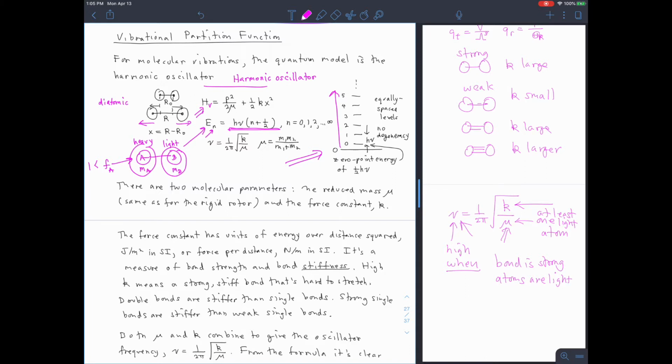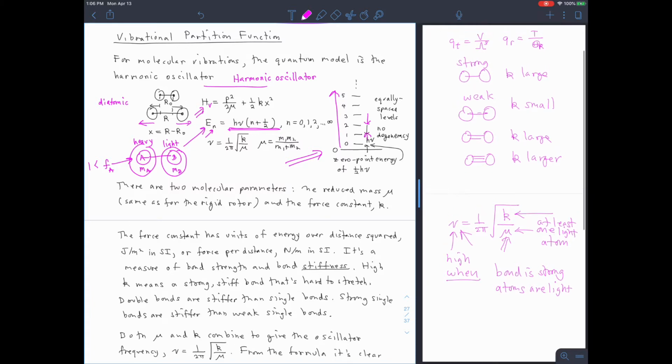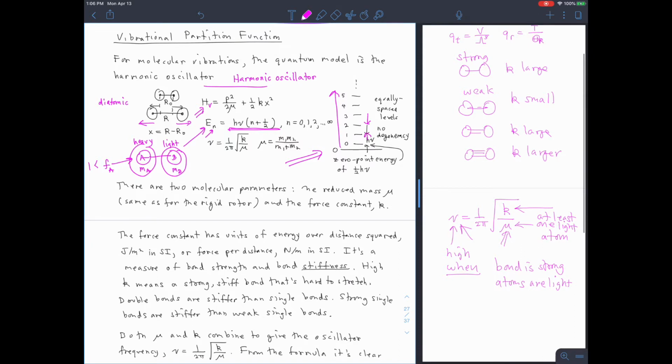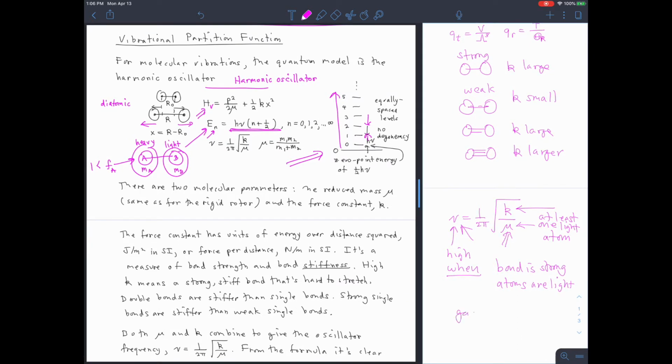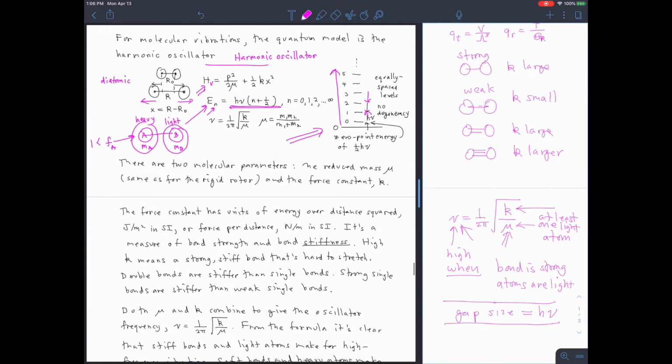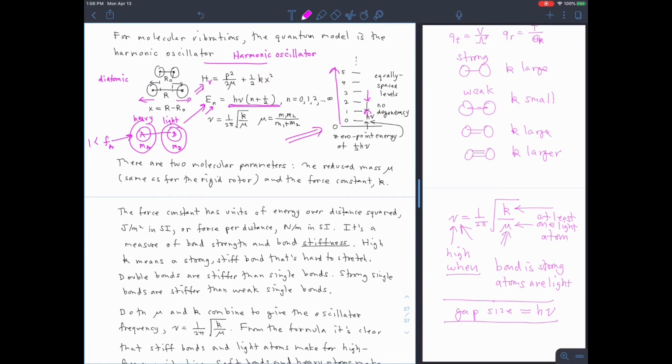All of the gaps between all of the states, the nearest neighbor states anyway, are the same size, and the gap size is always just h times nu, Planck's constant times the frequency. So the bigger the frequency, the bigger the gap size.